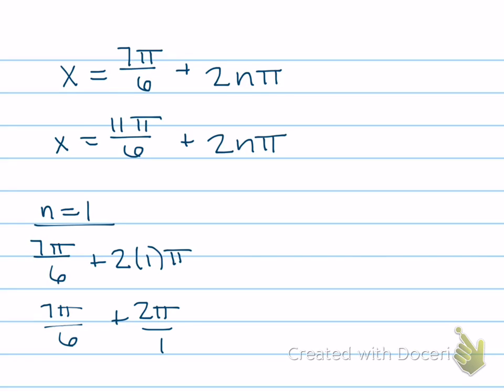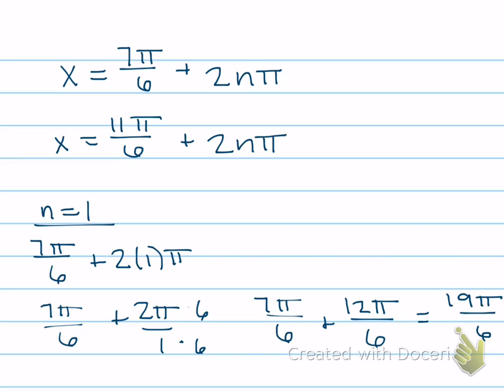And if I wanted to get common denominators, I would multiply by 6. So 7 pi over 6 plus 12 pi over 6. So the next possible answer I could write is 19 pi over 6.